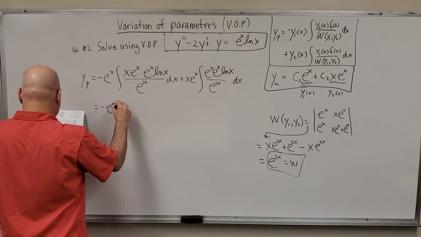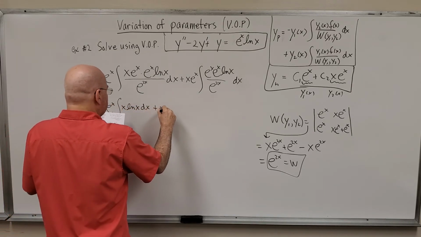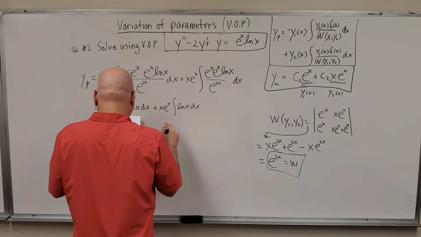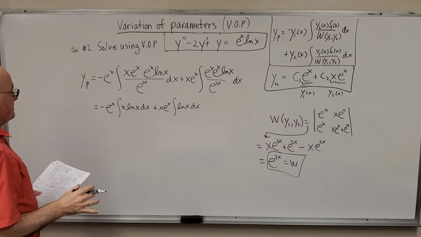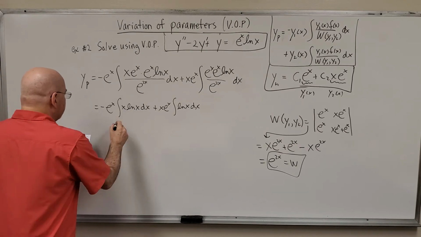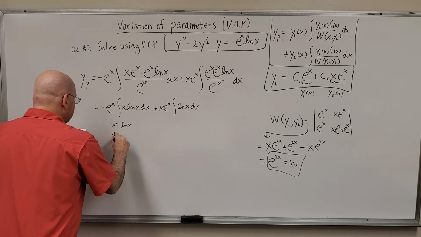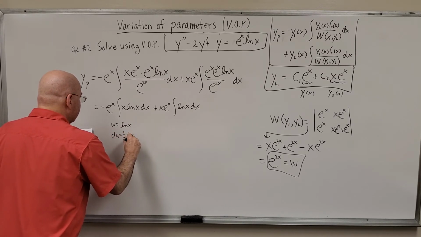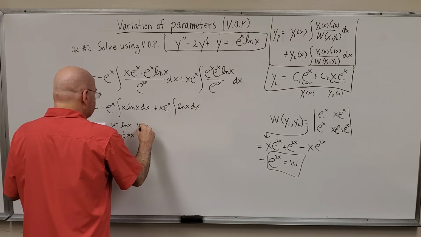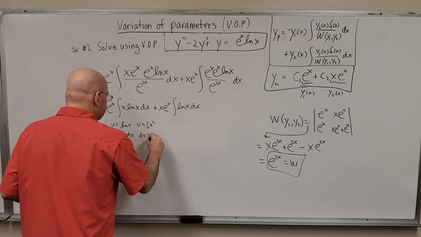Negative e to the x times the integral of x ln x dx plus x e to the x times the integral of ln x dx. I'm going to show you just the start of how you'll do it by integration by parts. Here we would say u is equal to ln of x, du is 1 over x dx, v is 1/2 x squared, dv is x dx.